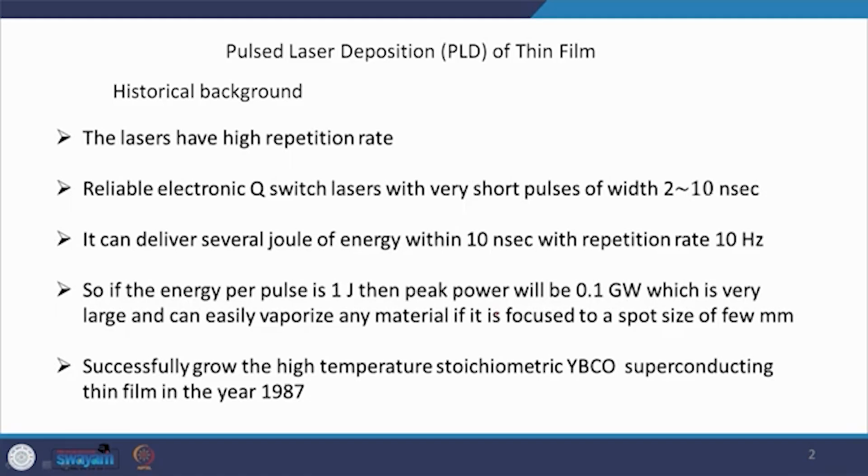This pulsed laser deposition technique, as I have told you, was invented after the development of very fast pulse lasers like Q switched lasers, of the order of 2 to 10 nanoseconds, which can generate a huge amount of energy. Suppose the laser we have in our lab delivers 1 joule per pulse at the fundamental wavelength, that is 1064 nanometer.